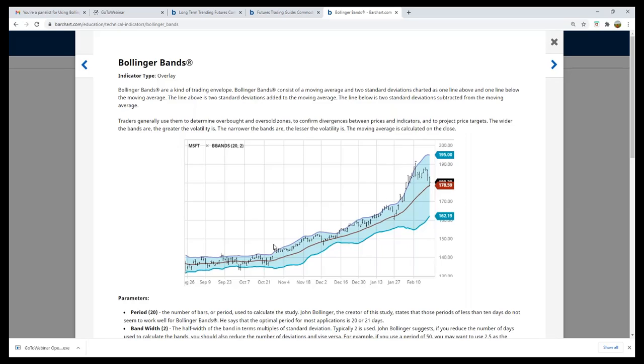So 2 concepts. Coiling can lead to expanding the band, stretching the rubber band, telling us that we have a strong trend. But if price goes too far, too fast, and we really stretch the width of the bands, now we're on alert. When price goes outside of that standard deviation, that price can snap back.